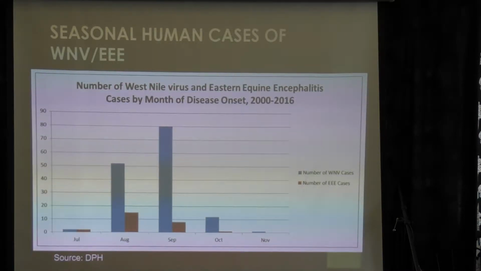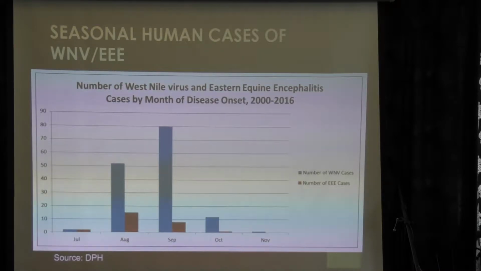Okay, so here's a chart showing you the number of both West Nile virus and Eastern equine encephalitis cases in humans by month of disease onset. So here's where you get some information that can help you understand better. You don't have to be freaked out all the time that if you live in an area or go herping in an area that has lots of Triple E, that you're going to get it. I don't think anything scares you guys anyway, but let's say your family is nervous about it.